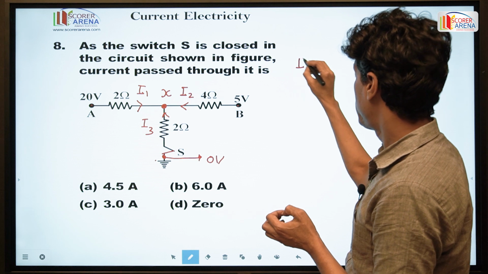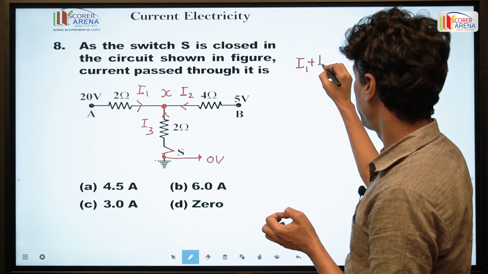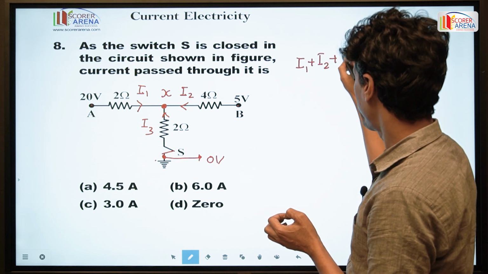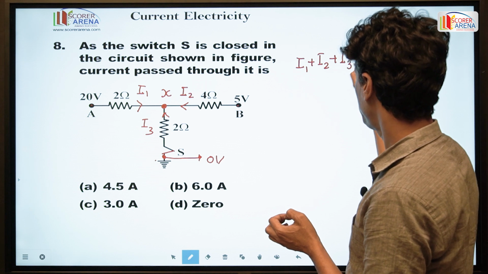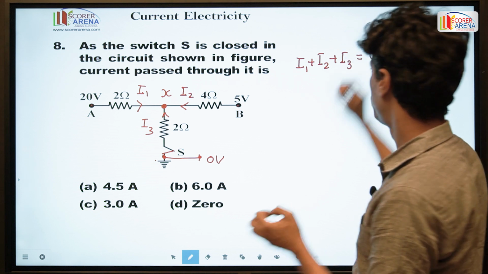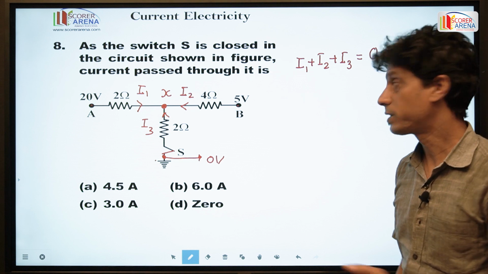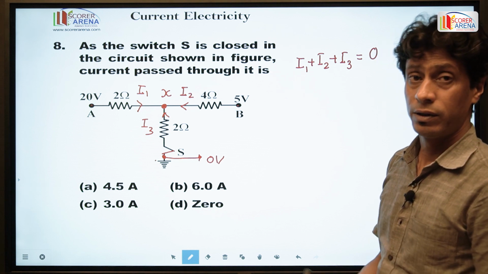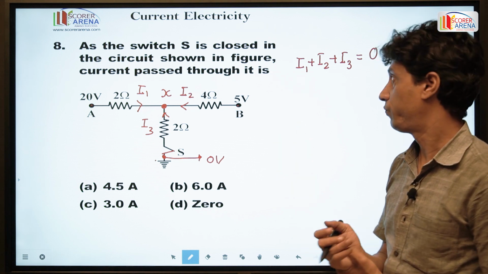The algebraic sum of current I1 plus I2 plus I3 equal to 0. So this is the confirmation given by Kirchhoff.